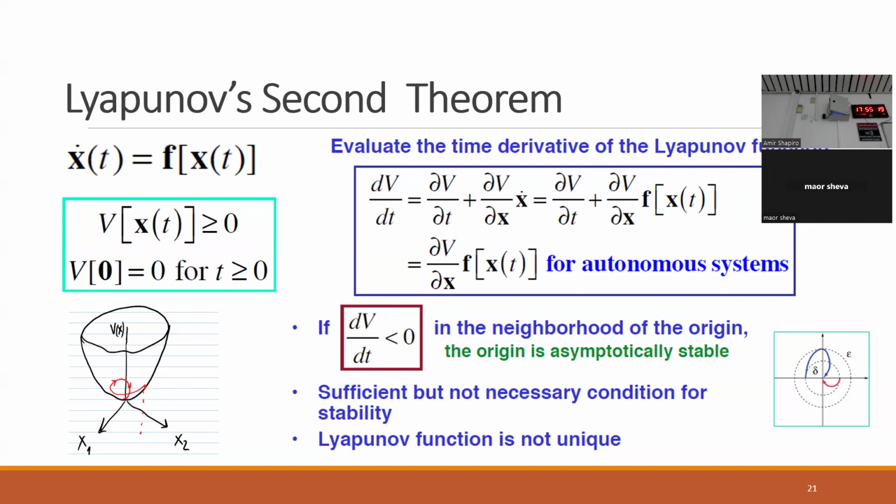And that means that we took the derivative along the trajectory of the dynamical system because we substitute f of x instead of x dot. So it's dV/dx times f of x. This is for autonomous systems, systems that do not depend directly on time.